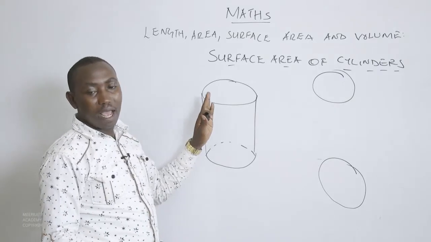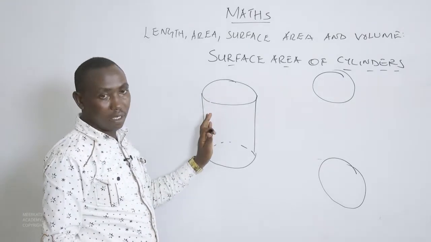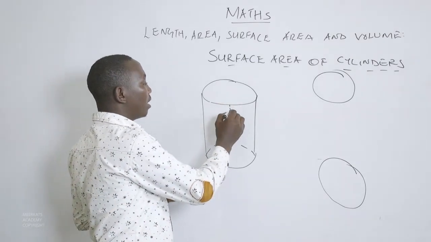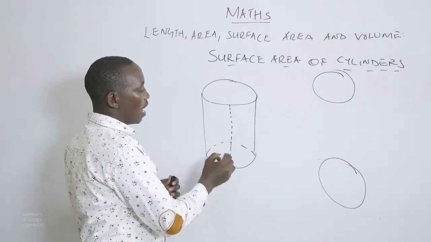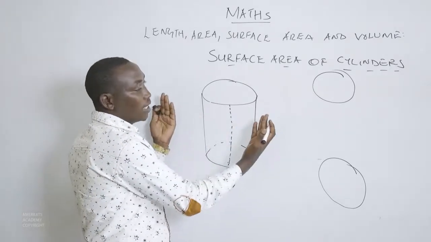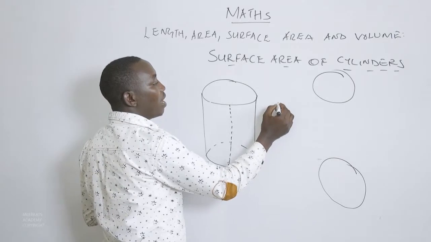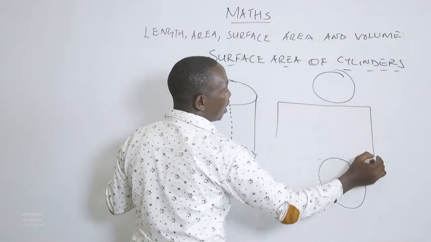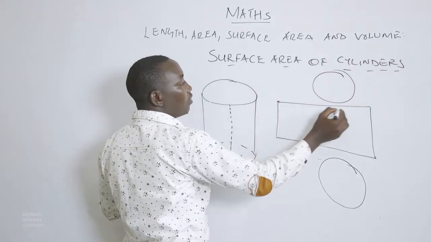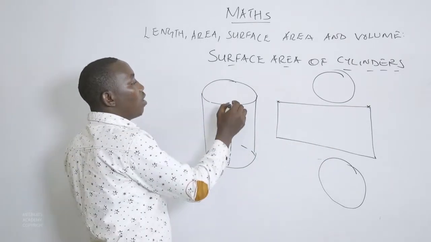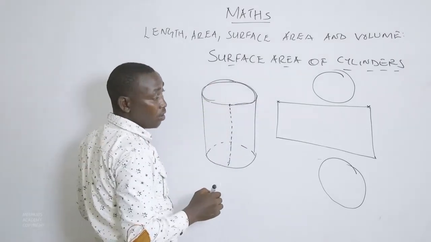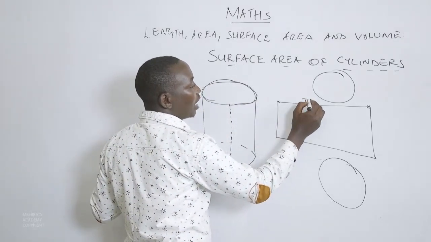Then this particular middle part, which is the curved surface, if we were to break along that particular line and flatten or open this curved surface, it will give us a rectangle, where the length of this rectangle will be the circumference of that circle, which can be given as pi d.